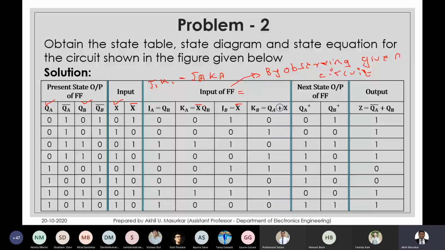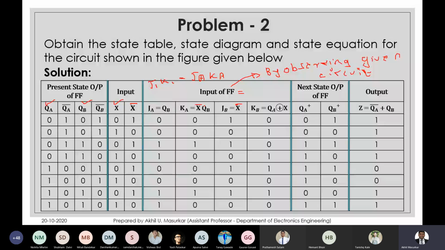So I want you to look at the equations of the JK flip-flop. So QA plus will be JA QA bar plus KA bar QA, something like that. So the transition equations will be like this.